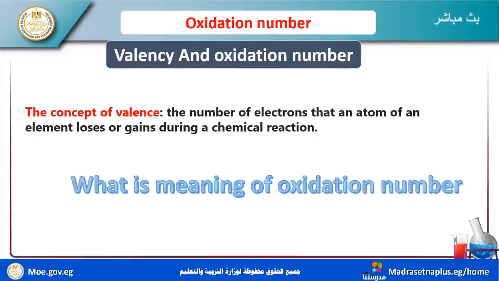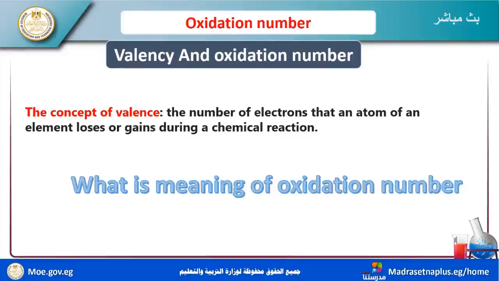But how can you calculate the valency of any atom? You must know the atomic number, configure and distribute the electrons in sublevels, and determine the number of electrons in the last or farthest sublevel, so you can determine that.